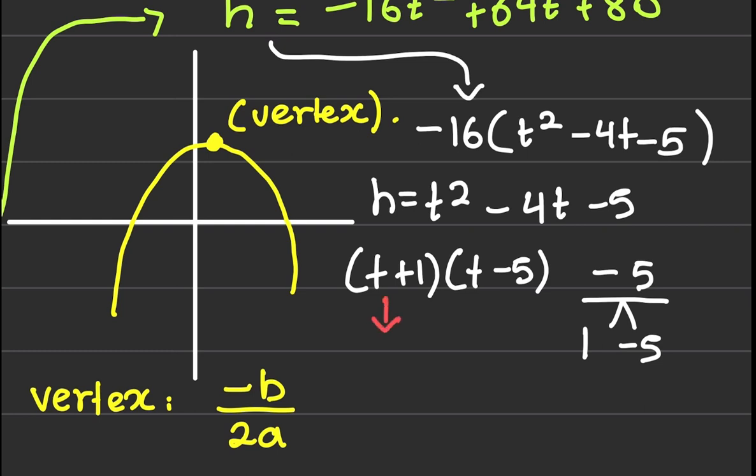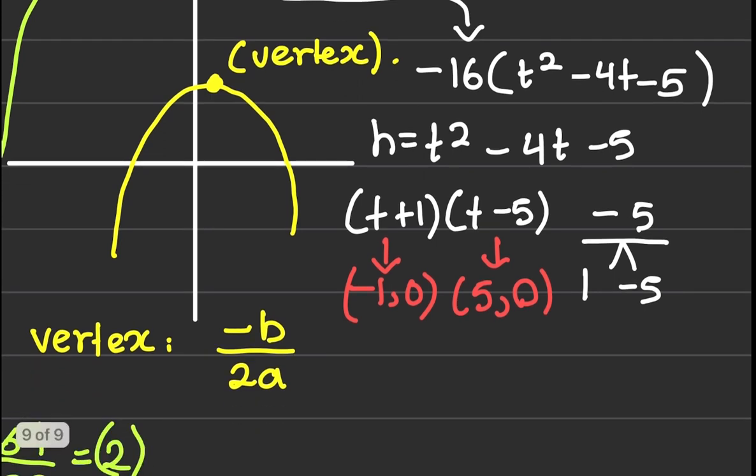So t plus 1 equal to 0 would give us negative 1, 0. And t minus 5 equals 0 would give us positive 5, 0. Since we know that t cannot be a negative value and has to be greater than or equal to 0, therefore 5 seconds is the appropriate answer for this occasion.